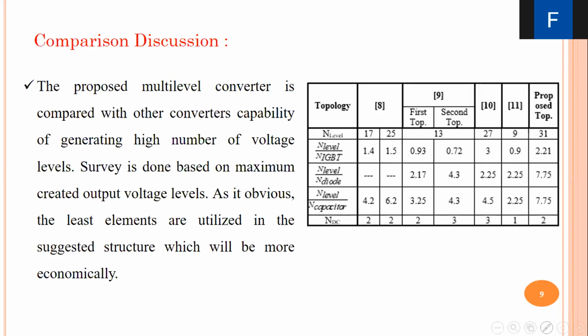And as we've seen, our structure has a low number of components according to the n number of levels in our output. And one of the most important factors is the number of DC voltage sources, and we have the fewest DC voltage sources.